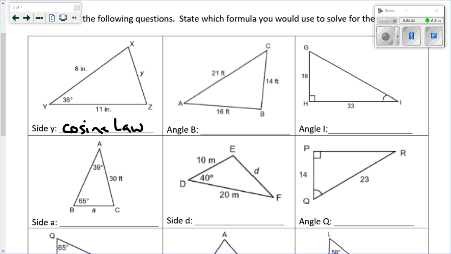Again, it looks like a 90, but it's not indicated as a 90, so we can't use trig. However, if we're looking for angle B, we don't have that match, but we do have three sides.